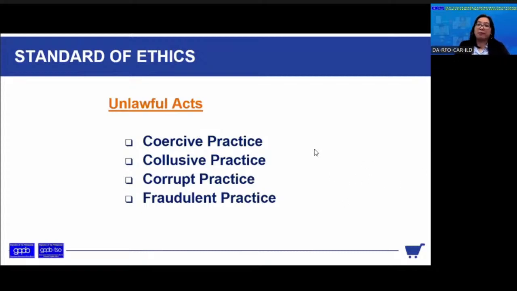So possibly ano po ba yung mga examples nito? For example, a person or maybe a bidder trying to threaten members of the Bids and Awards Committee, or maybe even members of the procurement organization, or maybe even the secretariat or the technical working group, no? Presumably, this bidder has a relationship probably to the boss of the member of the procurement organization, such that, for example, the technical working group, he would threaten, no?